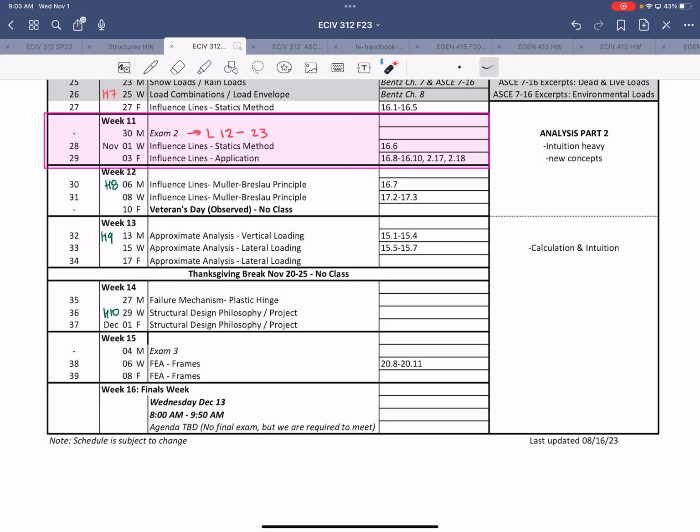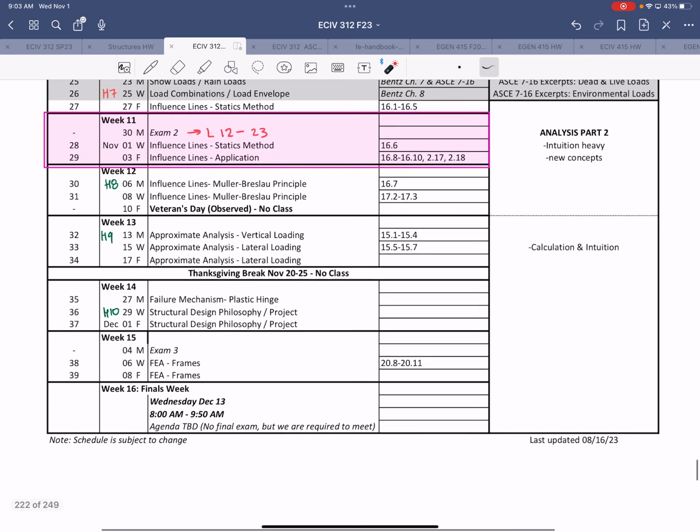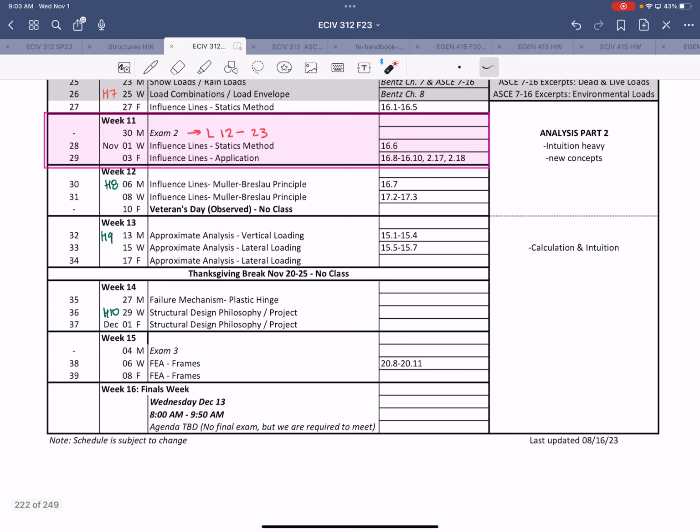That exam will probably cover through homework 10 material, so through approximate analysis. We'll talk more about that when we get closer. And then after that exam, we have a few final lectures on finite element analysis, time permitting. Usually I get through at least one of those, maybe two, so we'll see.